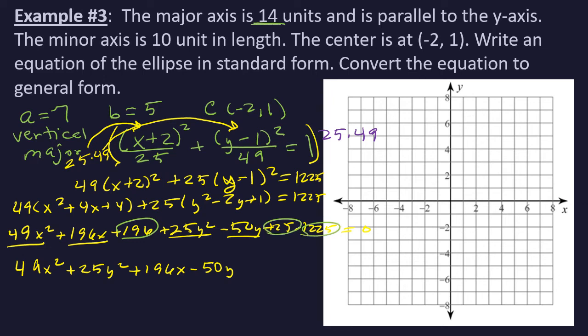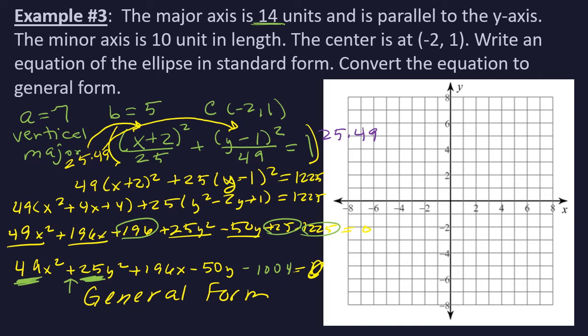And in this problem, when you do that, you get 1004. And that equals 0, because your general form always equals 0. So this is general form. And you know that this is an ellipse because this a value and this b value are different. In a circle, it would be the same, and that sign right there is a plus.